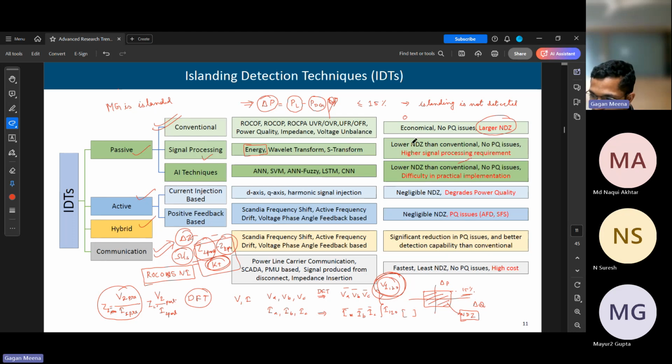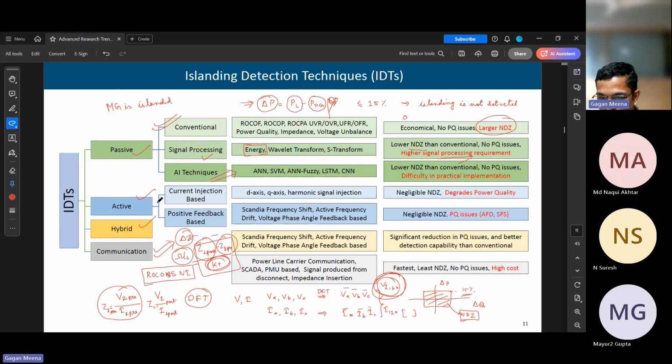Here also they have lower NDZ than conventional, but higher signal processing requirement. And here the problem is the data. Not so much data is required, and their accuracy is also in question. We don't know how much practical data is required for training these AI models.